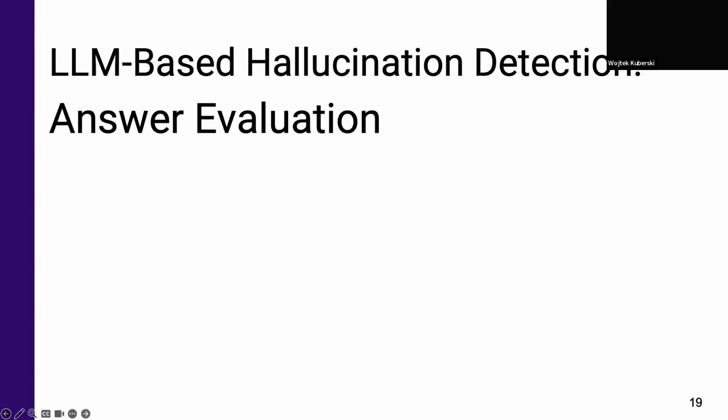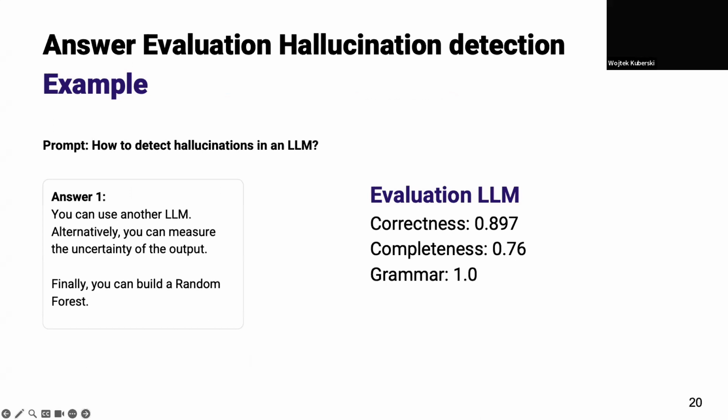Now let's go to the second part, which is using LLMs to directly evaluate the answer that the original LLM gave. Again, let's start with the example. So we have the same prompt as always. We just get one answer, and then we're going to call an LLM with a specific handmade prompt that's going to ask, given the prompt and the answer, whether the answer is correct, whether it's complete, and whether it's grammatically sound.